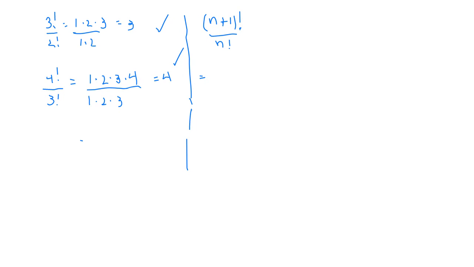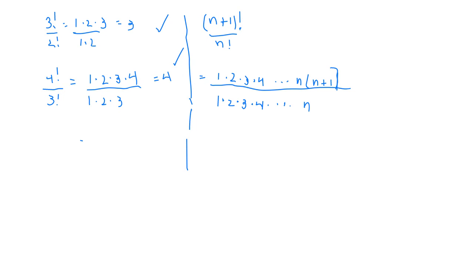But if you wanted to write it out, well, first of all, n factorial is 1 times 2 times 3 times 4 times, and you keep going all the way to n. n plus 1 factorial is 1 times 2 times 3 times 4 times, and you keep going to n, and then n plus 1.